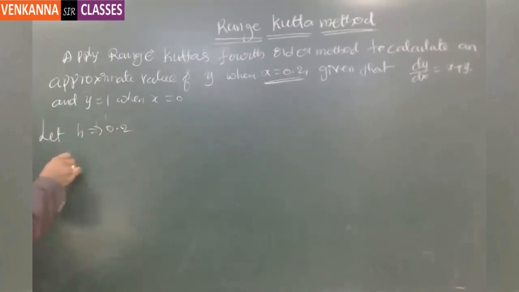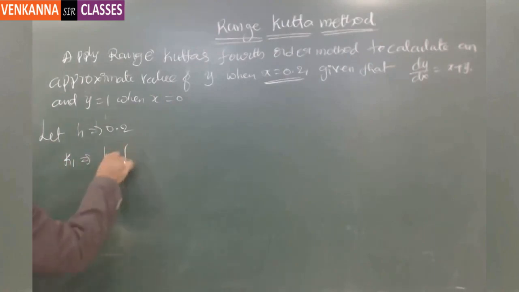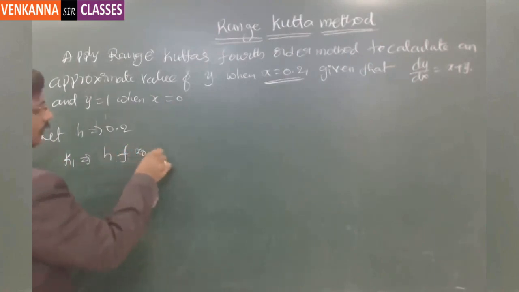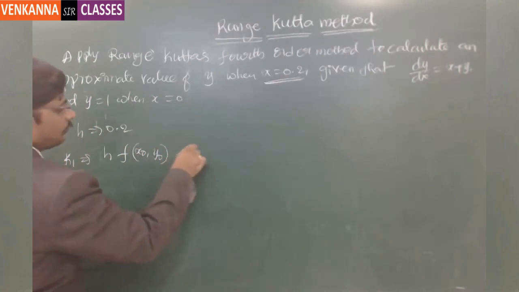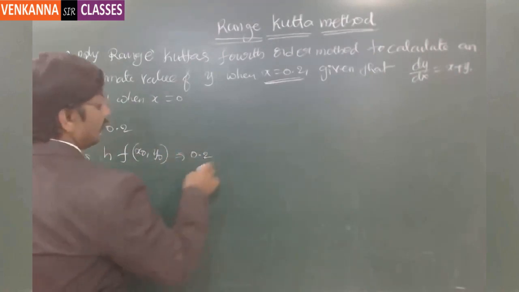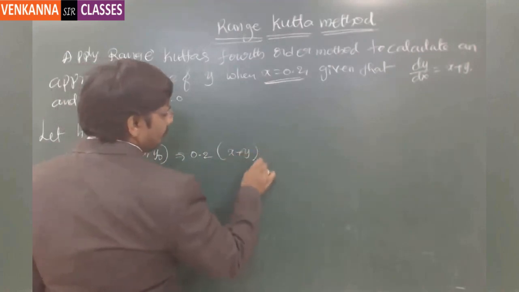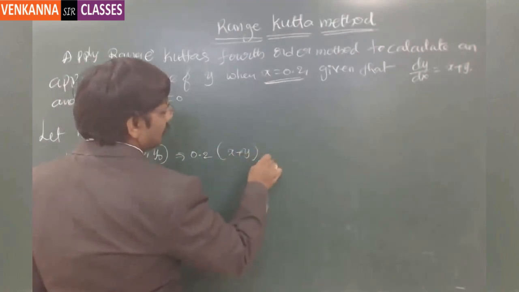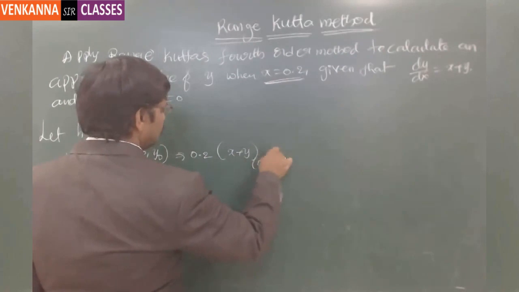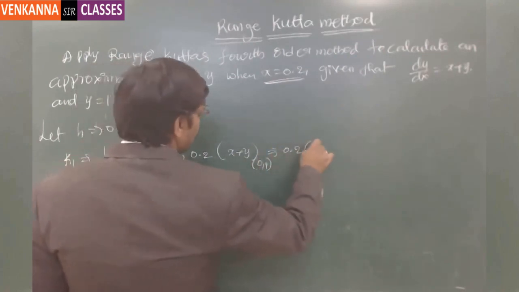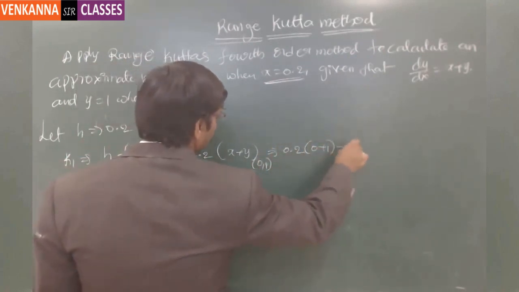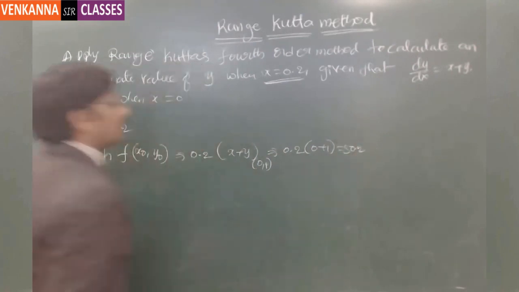Then the k1 value is h times f of x naught comma y naught. So this is 0.2 times f of x naught comma y naught, x plus y at the point 0 comma 1. So this is 0.2 times of 0 plus 1. This is going to be 0.2. This is the k1 value.